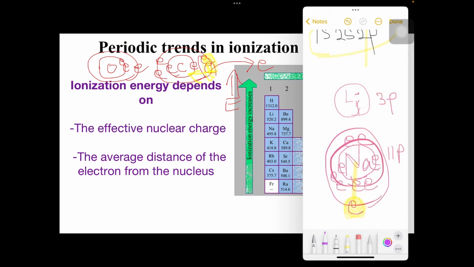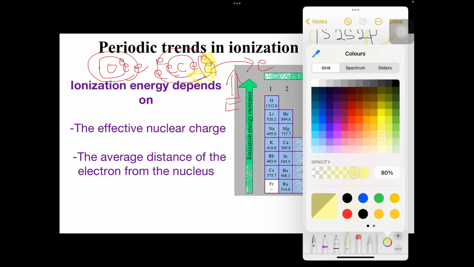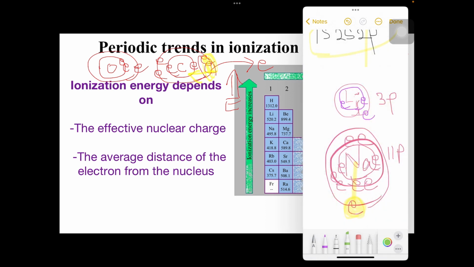It is basically less compared to the electrons of lithium. In lithium, there are 2 electrons on the first energy level, and the third electron is on the second. So the attraction is actually high. You can see this electron has higher attraction compared to the valence electron in sodium.